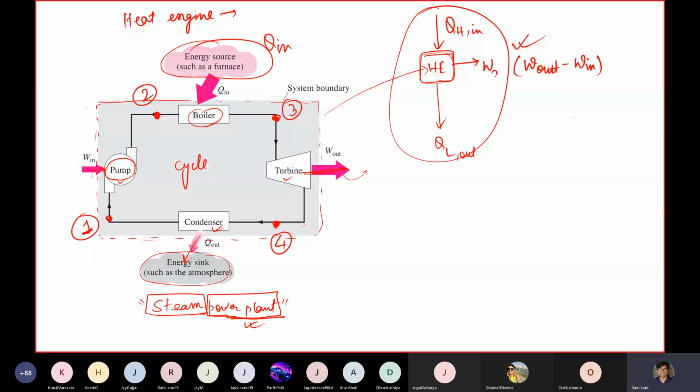So can we apply the first law of thermodynamics here? First law. Tell me.